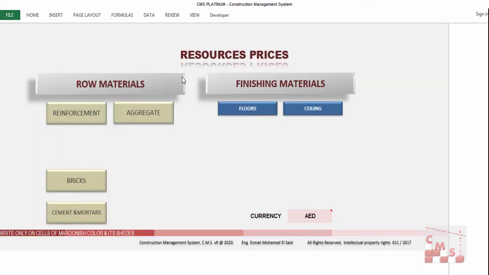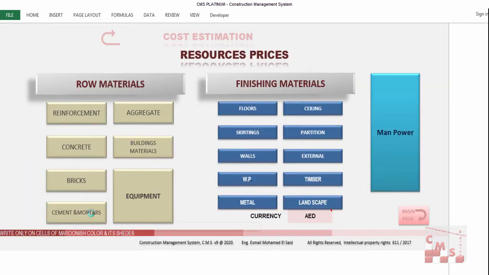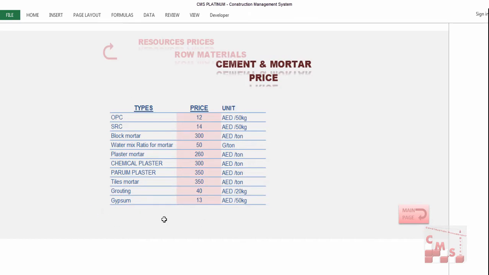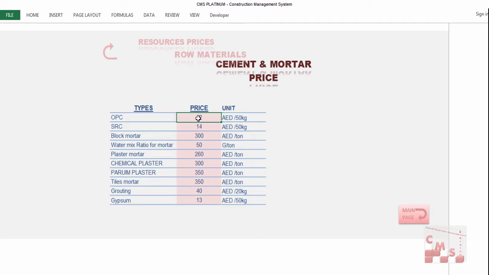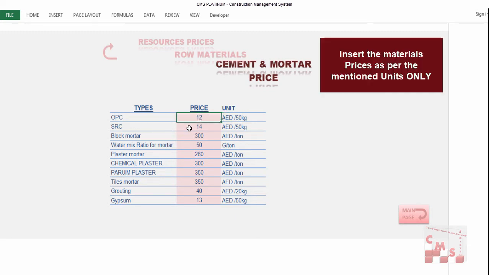Back to resources price. Then you'll go for the cement and mortars. You will insert also the prices for all kinds of cement and mortars which you are using in the project. You will add here according to these units. For OPC cement per bag, the bag is 50 kilograms, so you will put here the price per bag. The SRC cement, you will put also the price per bag.